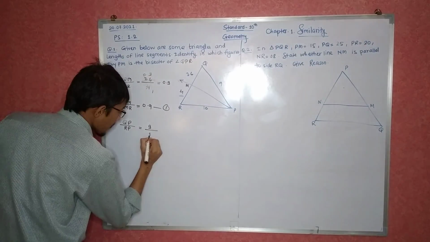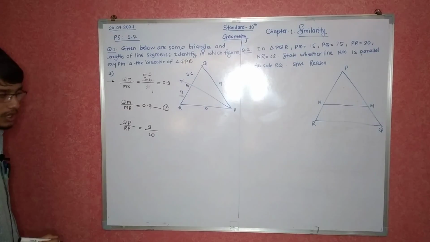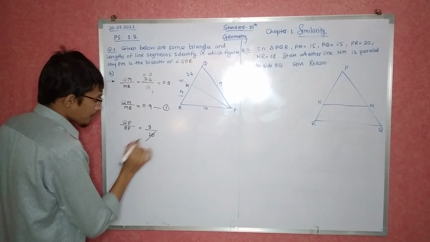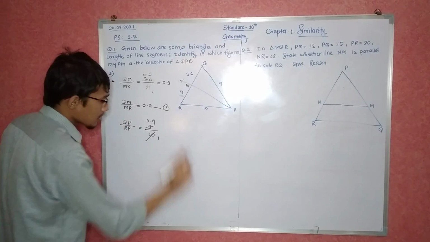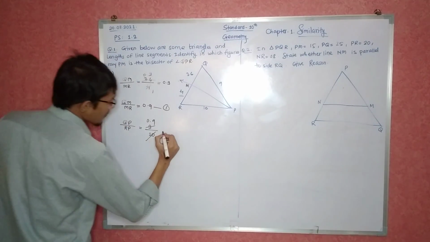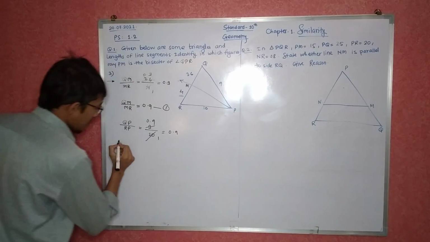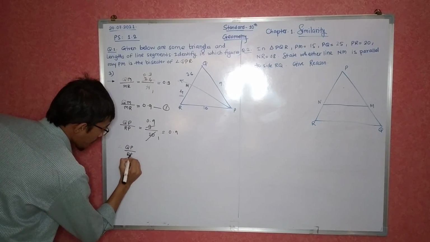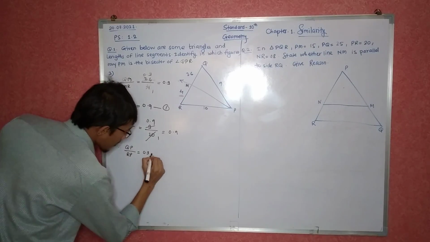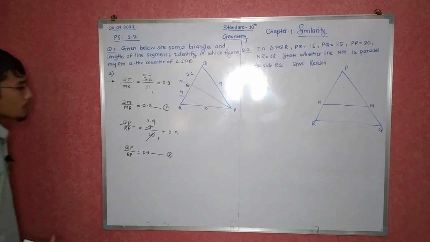It is 10. So 10 ones are 10, 10 zeros are 0, and 10 nines are 90. So what is the value we have got? 0.9. Therefore QP upon RP is equals to 0.9. This is the second equation.